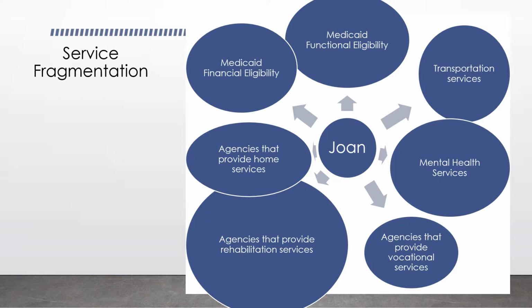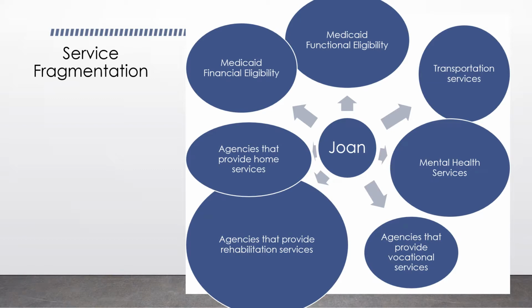She may have to wait some period of time before she can even start services, because these two different branches, A, maybe aren't in communication, B, maybe one's lagging behind the other. That in itself could lead to Joan falling through the cracks. If she has to wait for services to start, her health may decline, something may happen, and she may end up in a hospital or a nursing home as a result.